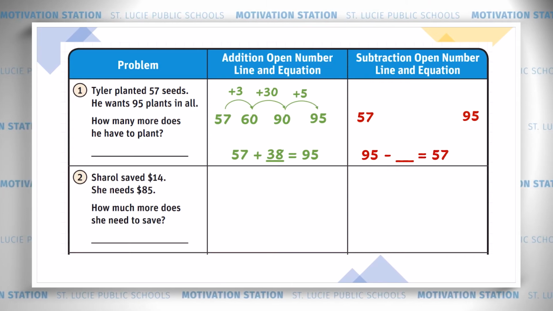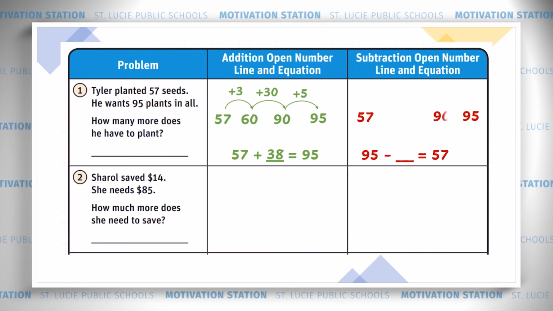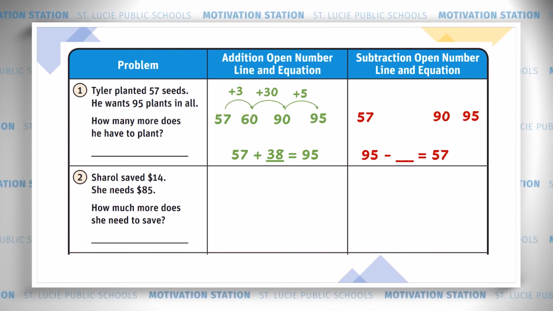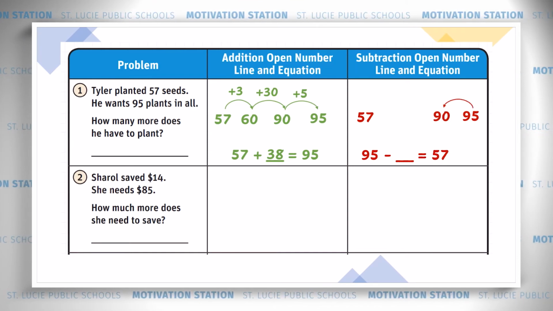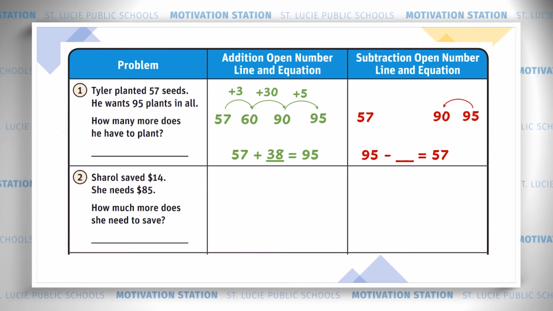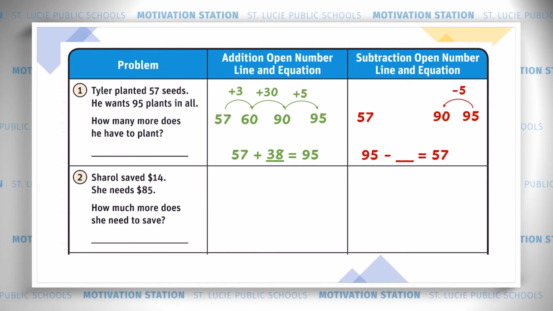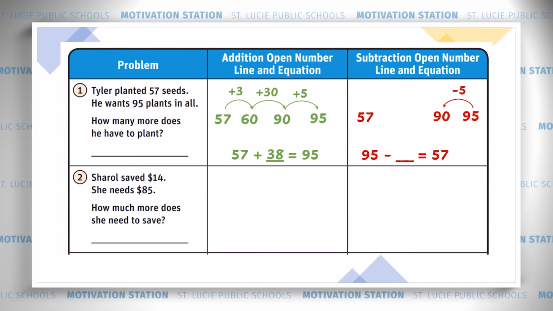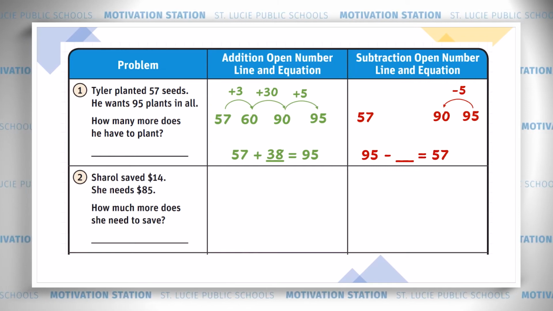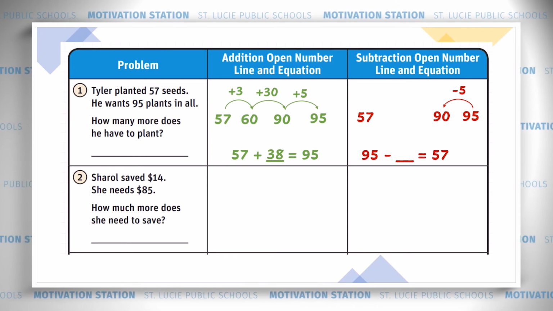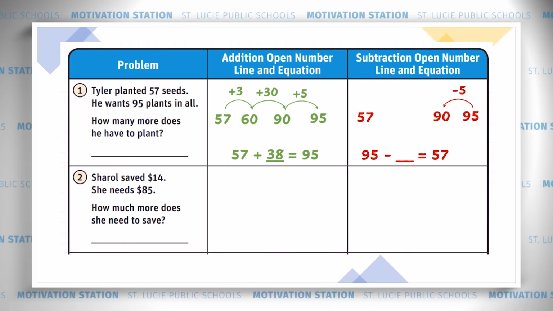For our first jump, I want to get to a nice easy 10, like 90. 95 to 90 would be minus 5. You with me? Make sure you write that down. 90 to 57.